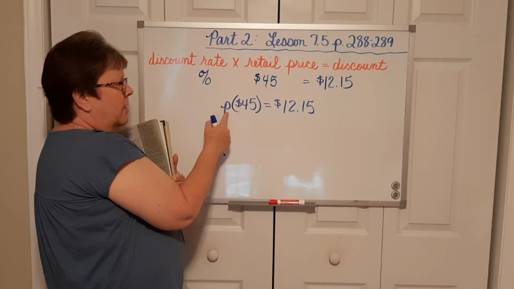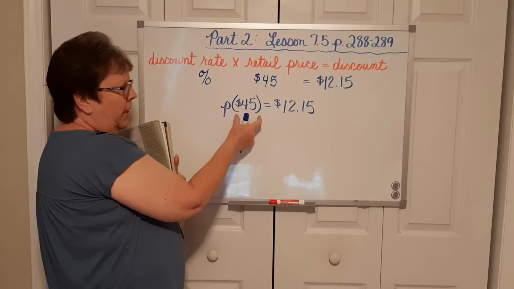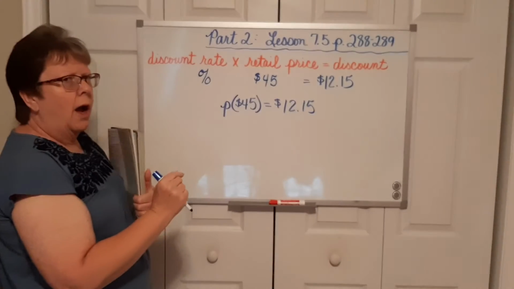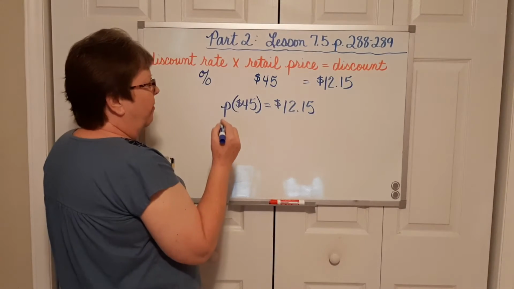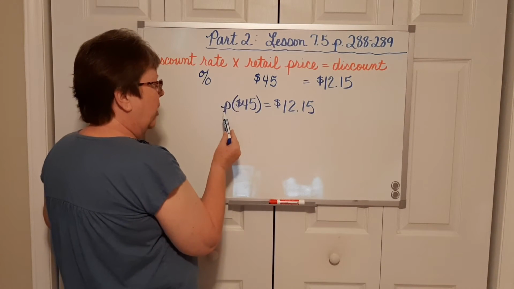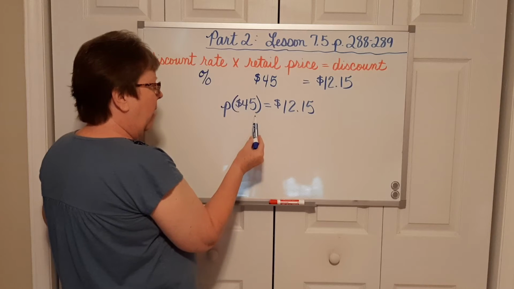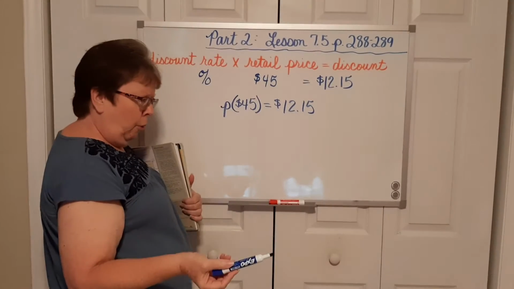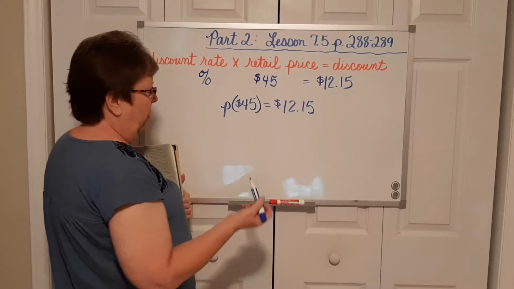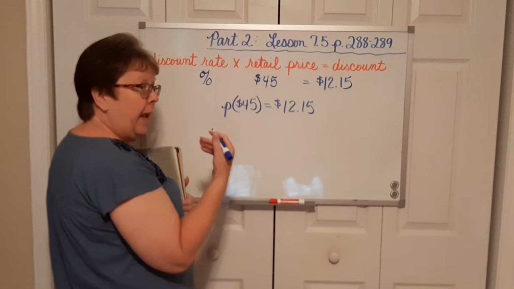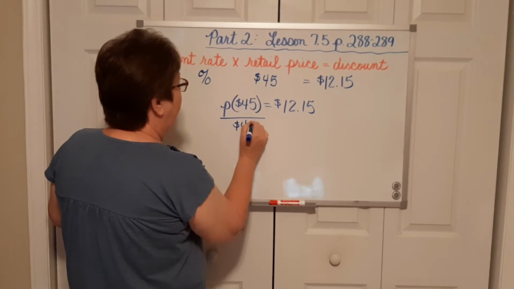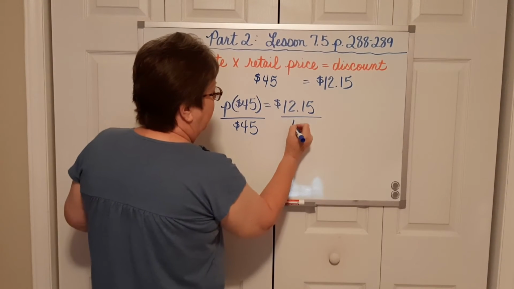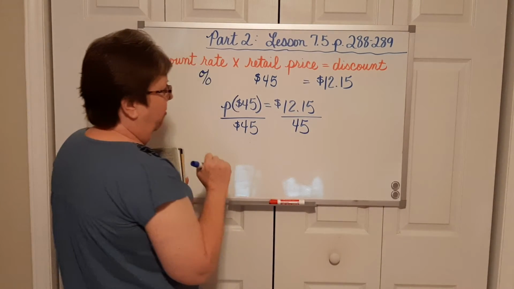When you've got something outside of the parentheses and something in the parentheses with no sign in between them, that means multiply. So to find what we're missing here, since this is multiply, we've got to undo that multiplication. And to undo multiplication, you do division. So we're going to divide this side by 45 and this side by our 45.